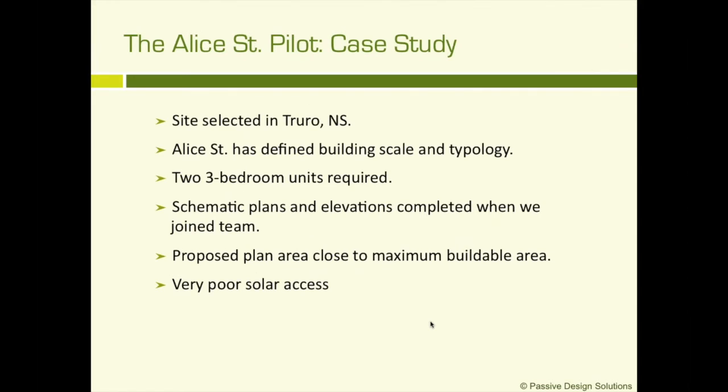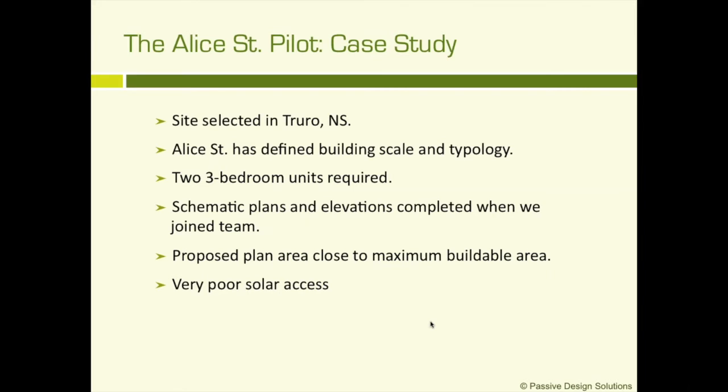So I wanted to talk a little bit about the Alice Street pilot project that we did as a case study, and this is where we got really interested in looking at the PHIUS climate adjusted standard. This was a Housing Nova Scotia affordable housing project in a small town in Nova Scotia.